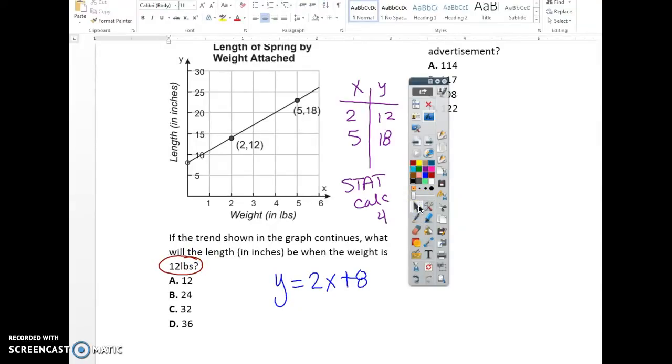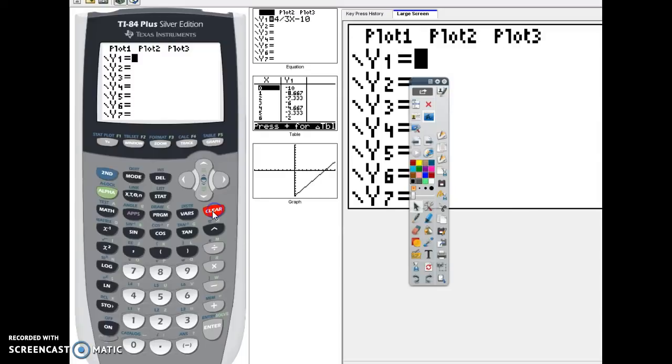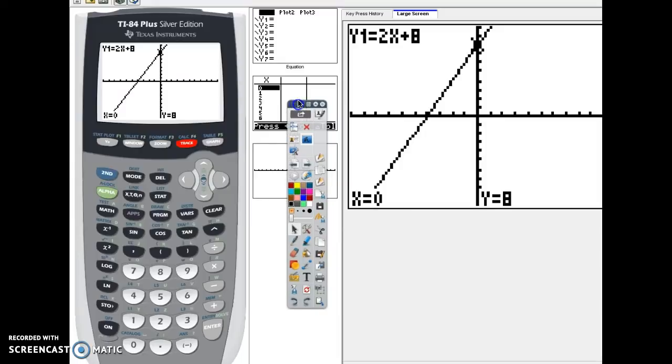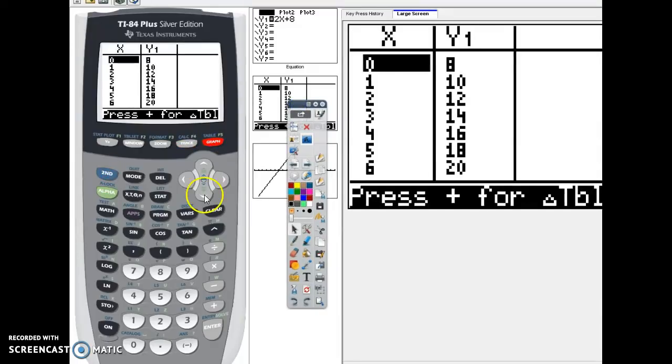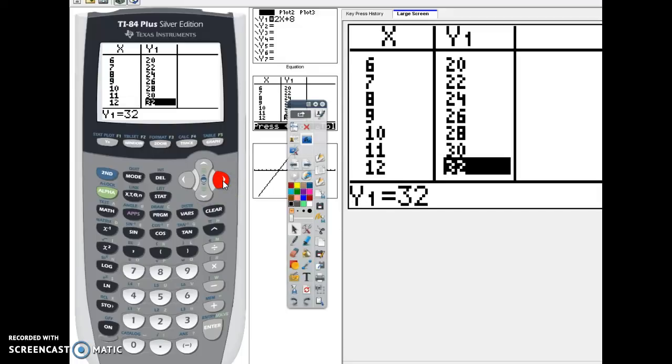So we're going to put that in y equals, 2x plus 8. Don't go to trace because this is not big enough for 12. So you're going to have to go to second graph and go look for 12. And that would be your answer, 32.